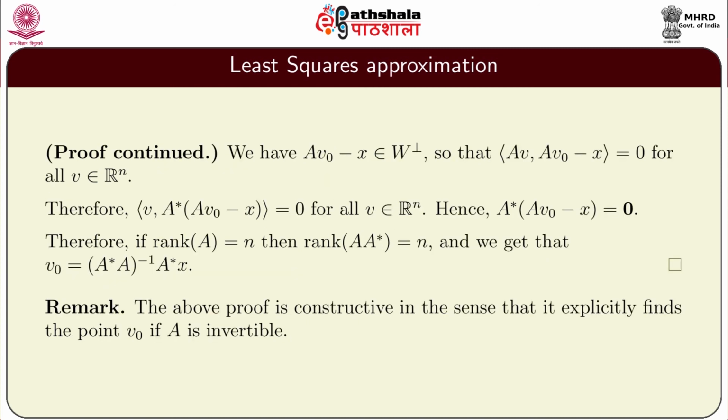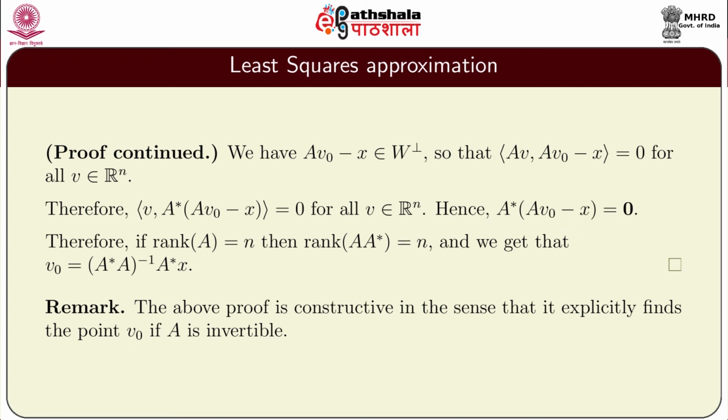We have AV0 minus X belonging to W perp, so that inner product AV and AV0 minus X is 0 for all V in Rn. Therefore, inner product V comma A star (AV0 minus X) is 0 for all V in Rn. Hence, A star of (AV0 minus X) is 0.